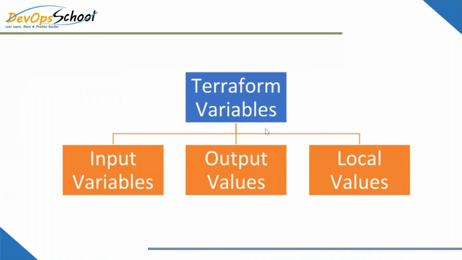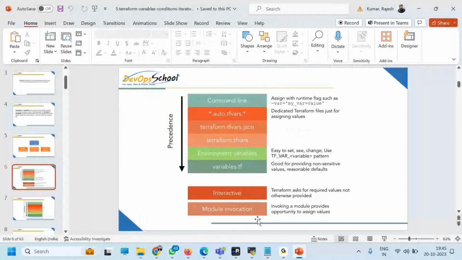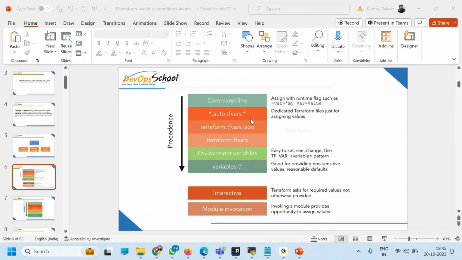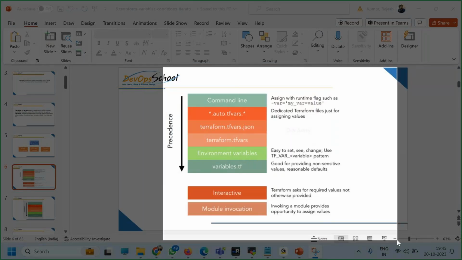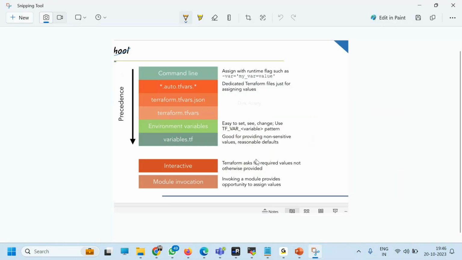These are the three types of values you can declare: one is using variable, one is using output, which I'll show you in some time, and local values. This slide is very important and gives you lots of information in one go. The first thing, if you ask me, is which places the variables can be declared.